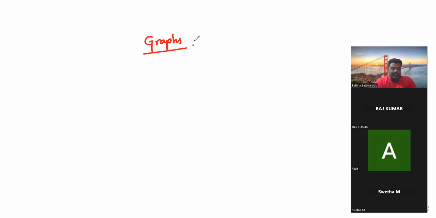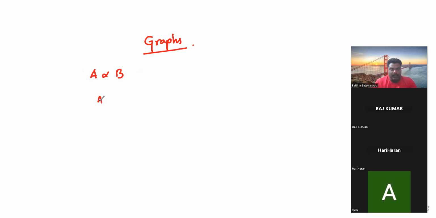So, for example, let us say there are two quantities, A and B, that we are comparing, and A is directly proportional to B. Both A and B are increasing at a constant rate.